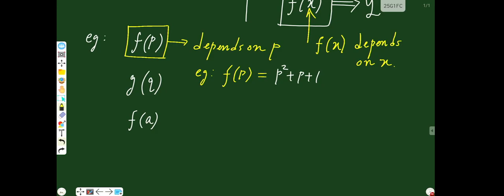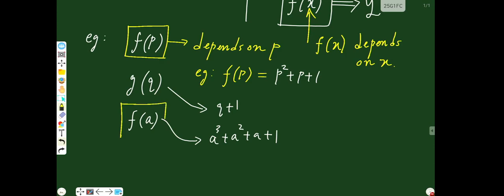Similarly, for g of q, we are expecting something in terms of q, like q plus 1 if it is linear. For f of a, we are expecting something in terms of a, like a cubed plus a squared plus a plus 1, something like that. So that's the idea.